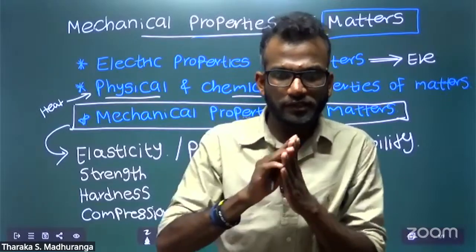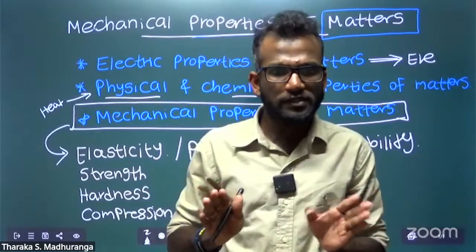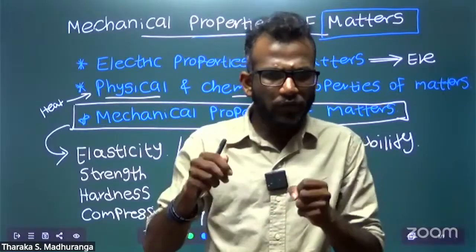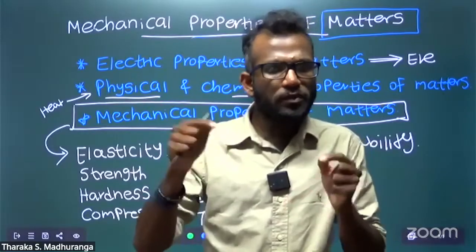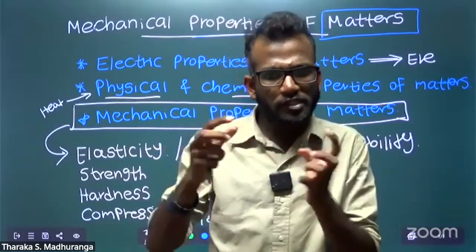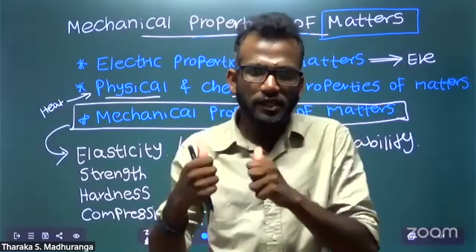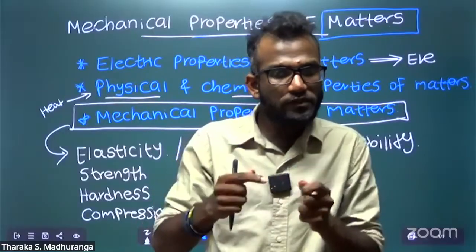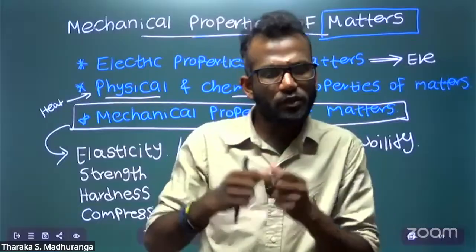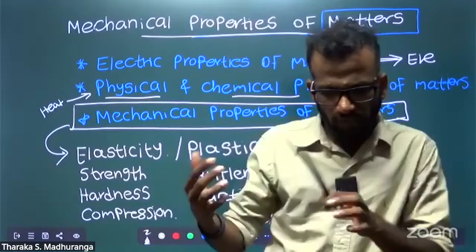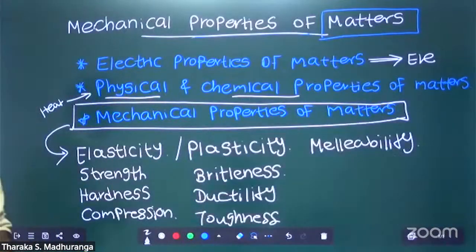We are not going to discuss all mechanical properties in your A level syllabus. We will discuss a few important mechanical properties and their relationship, how they combine with these theorems, Hooke's theorem and Young's modulus, which we also call Hooke's law. We will discuss that in the last part of the lesson.